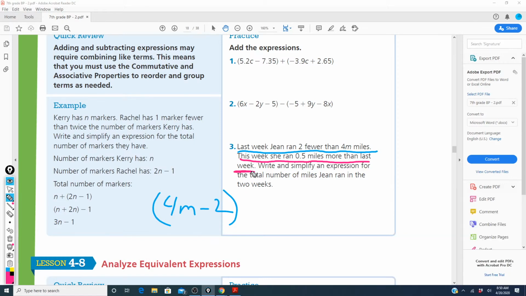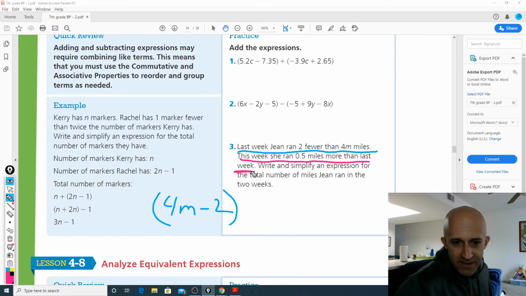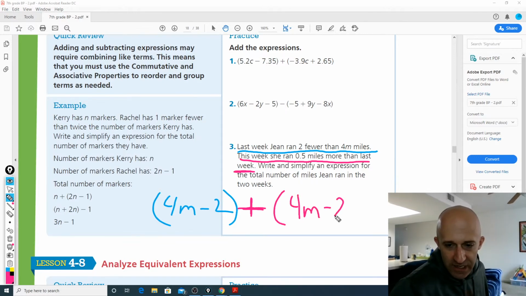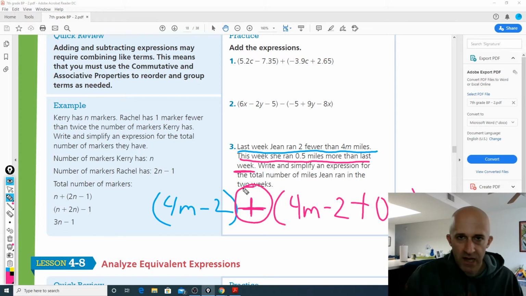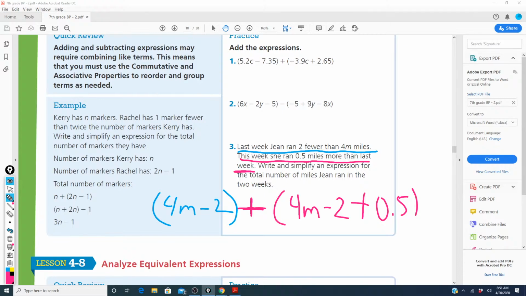So you're going to add what she did last week plus 0.5, because if she runs 0.5 miles more than last week, it's a cumulative amount. You're adding those up right there.